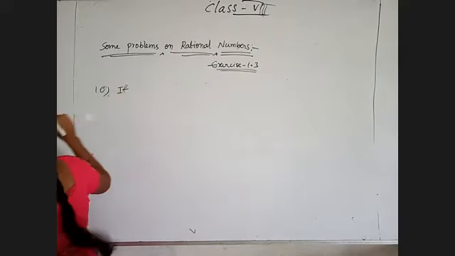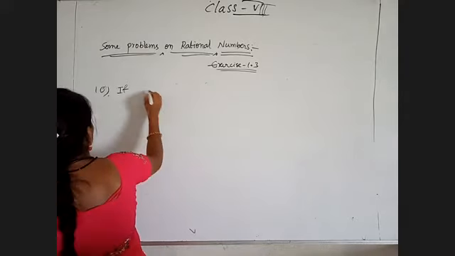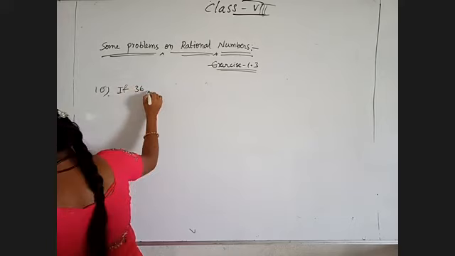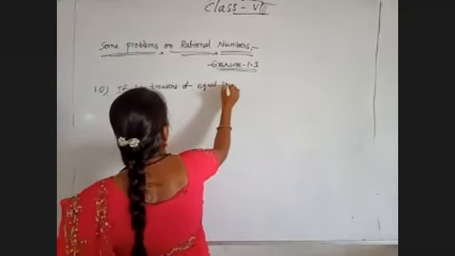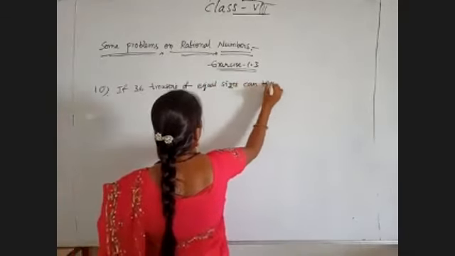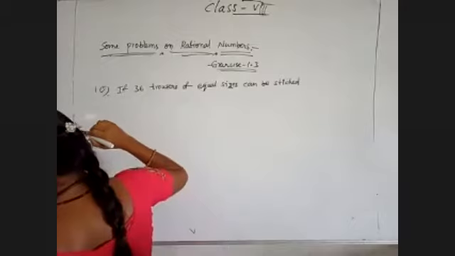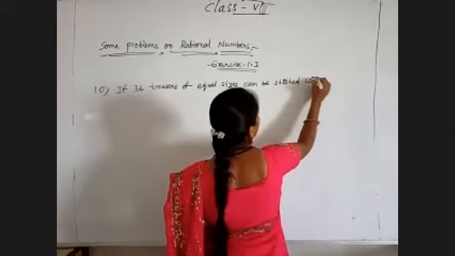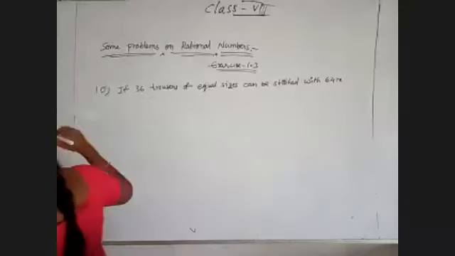If 36 trousers of equal sizes, 6 trousers of equal sizes can be stitched with 64 meters of cloth.